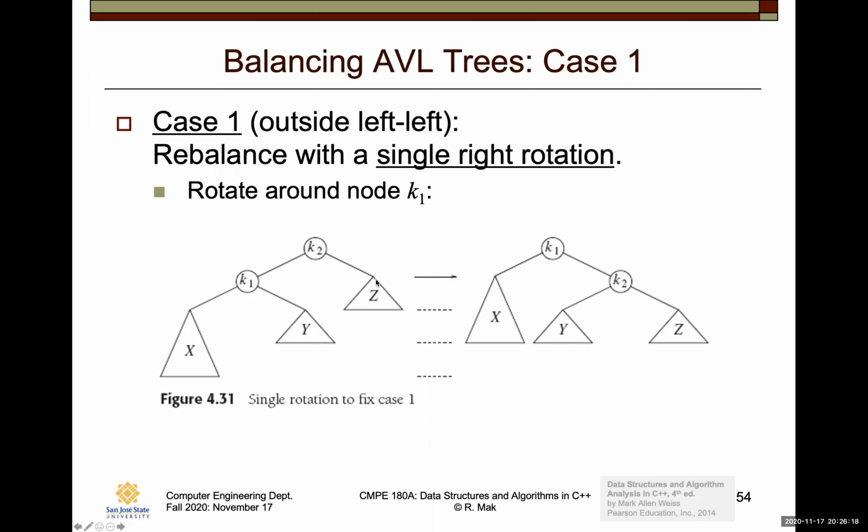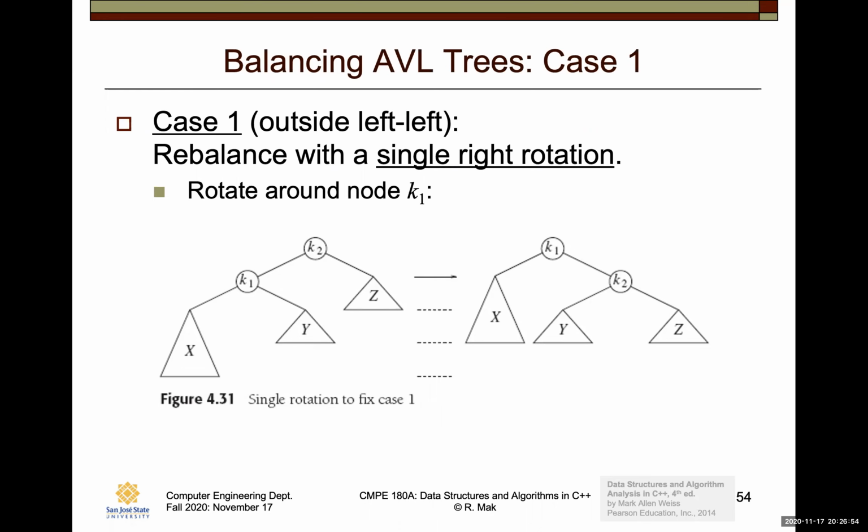So this subtree was unbalanced. Poor K2 was the unbalanced node, and we do this single right rotation around K2's left child, and so now K1 becomes the root of the subtree, and you can see that what used to be the right child of K1 has become the left child of K2, and now we have a balanced binary search tree.